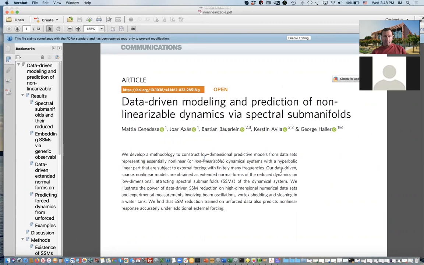So despite the fact that one can use Koopman operator theory and Koopman eigenfunctions to provide linear representations, it's certainly not restricted to that.